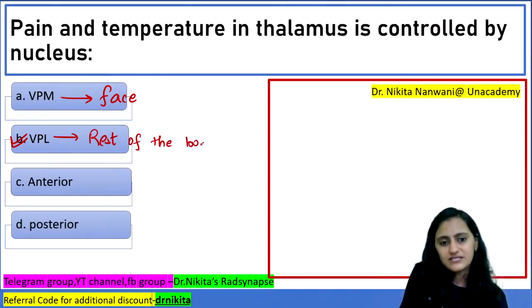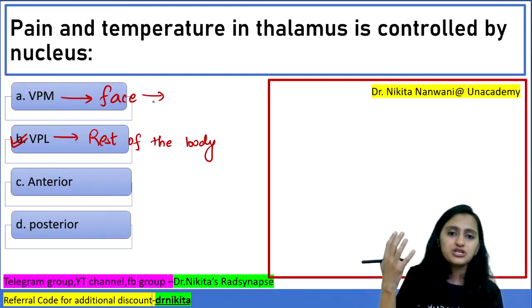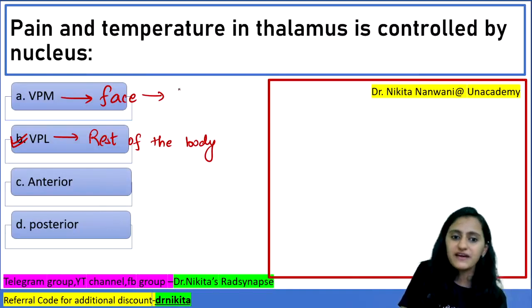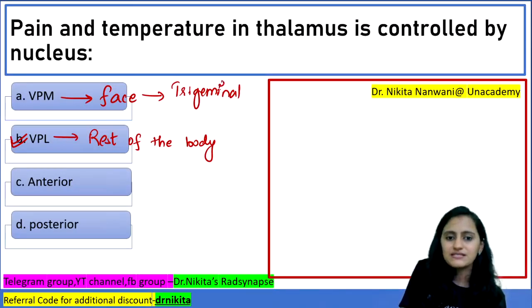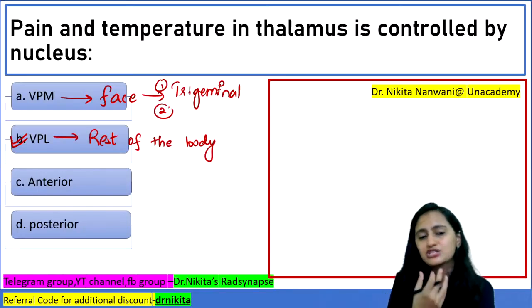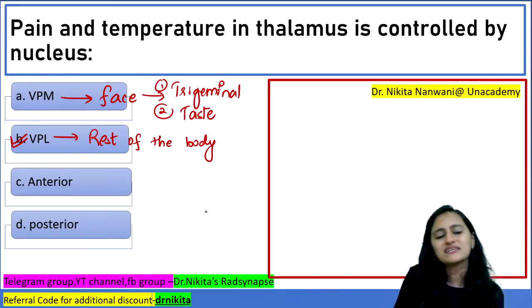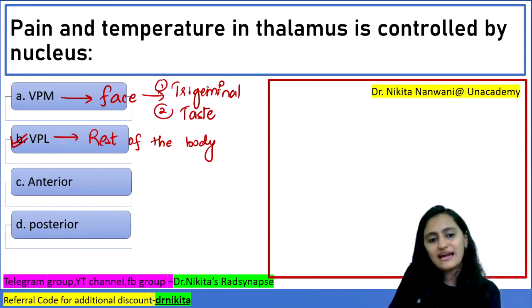From the face, that means which nerve? You will see trigeminal. The trigeminal lemniscus will come into VPM, and special sensation from the face, that is taste from the tongue, also comes in your VPM. So trigeminal and taste come in VPM.